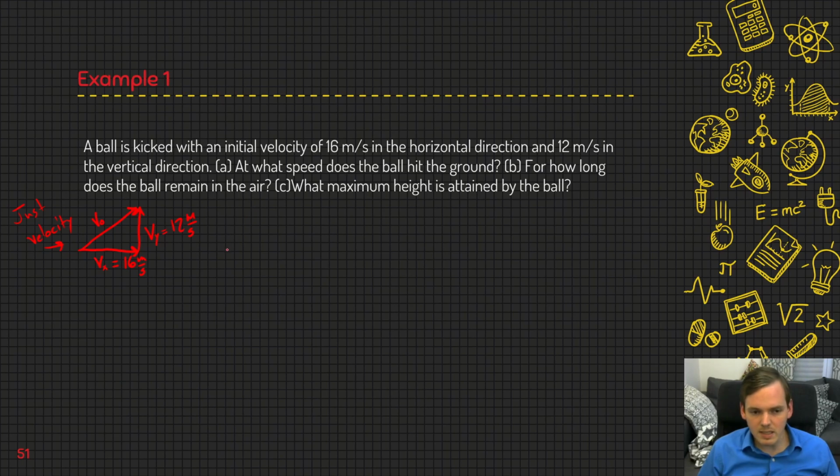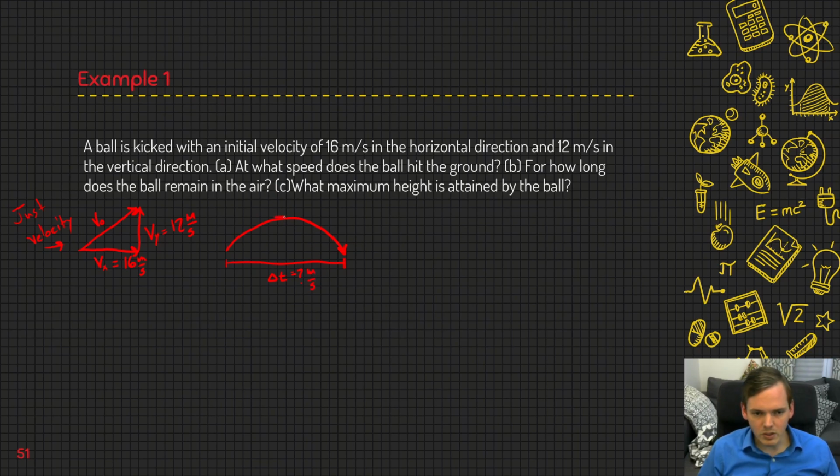Now, I'll draw a separate diagram here to show what happens with the ball over time. So it goes like that, and we don't know our delta x, and we actually don't care about delta x. What we care about is the change in time.